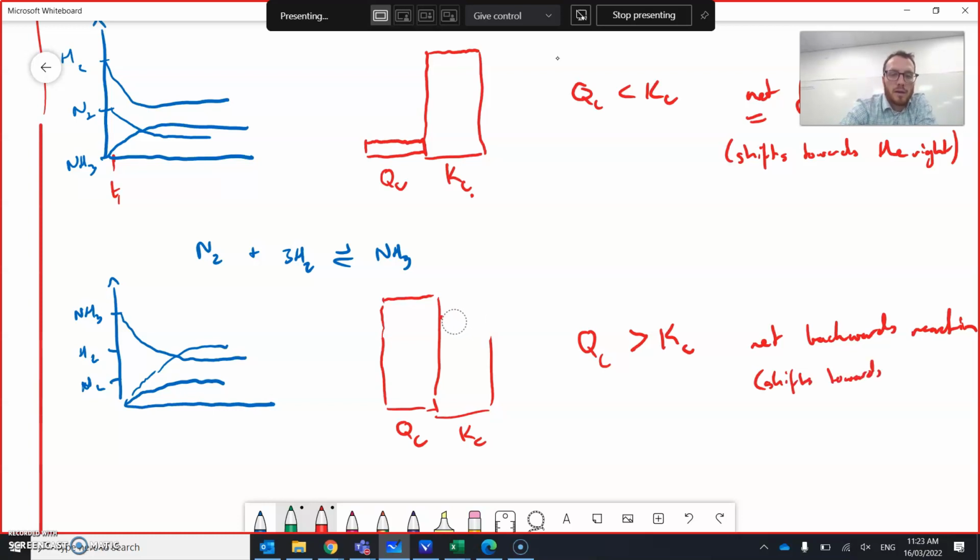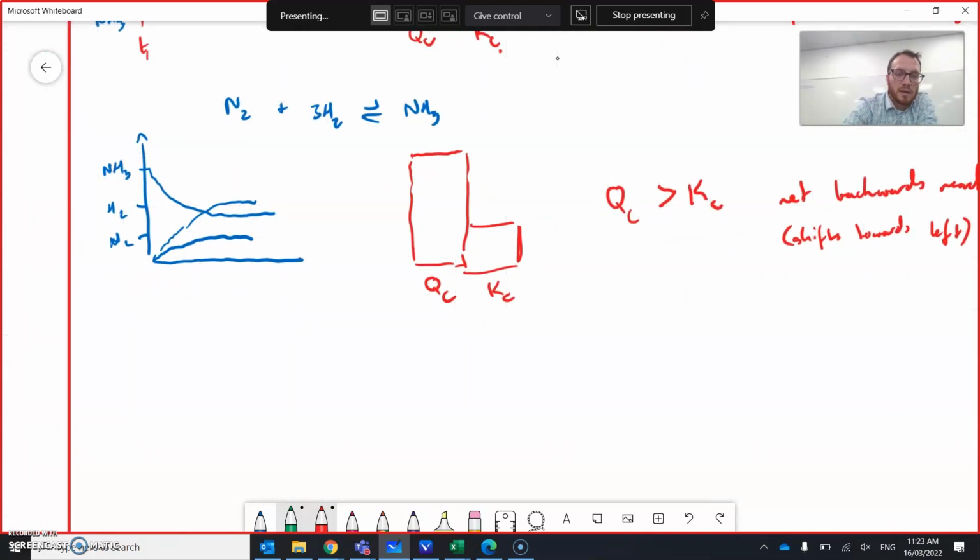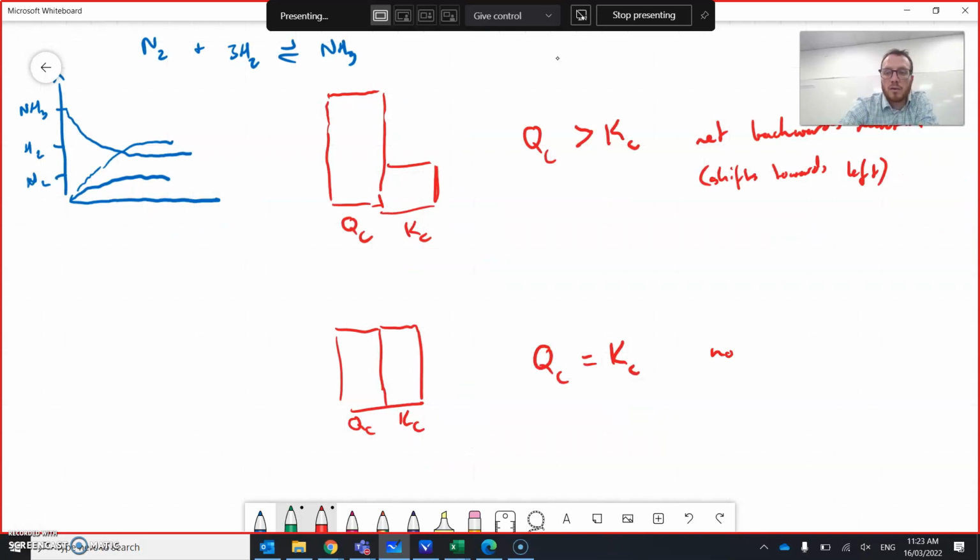Shift toward left. And when Qc equals Kc, no change, no shift in the direction of the reaction.